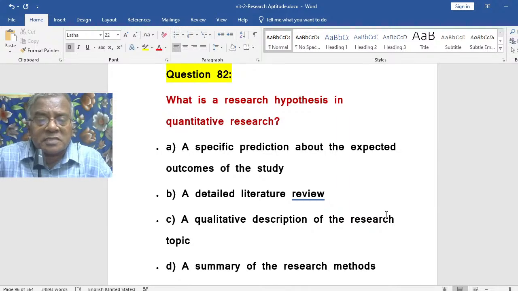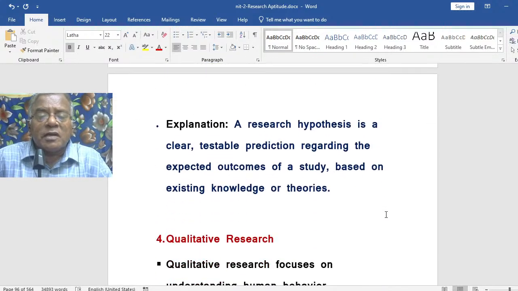So that is the research hypothesis in quantitative research. A research hypothesis is a clear, testable prediction regarding the expected outcomes of a study based on existing knowledge or theories.